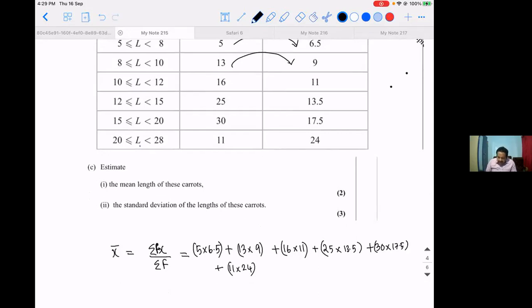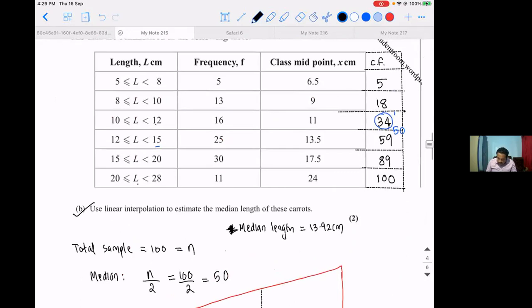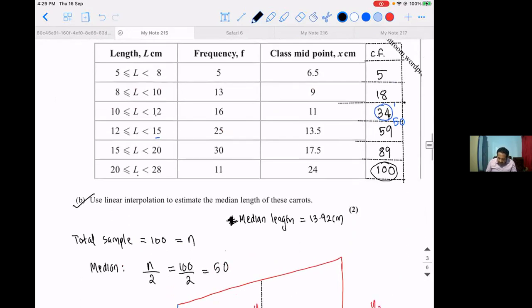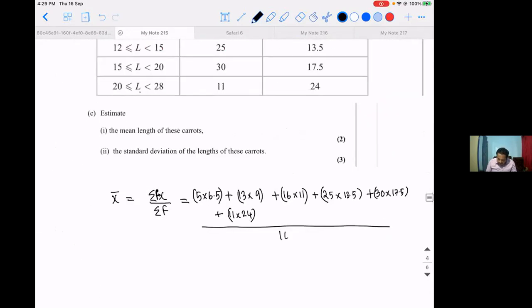Okay, so that is sigma fx, divided by the total frequency. We have already calculated the total frequency is 100. So divide by 100.